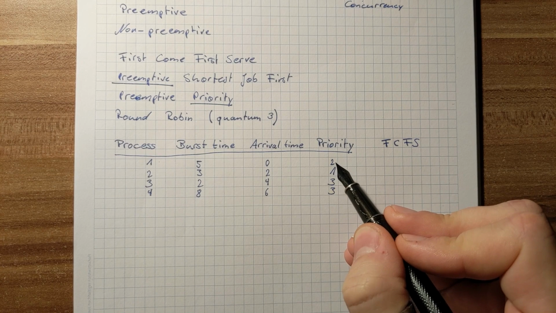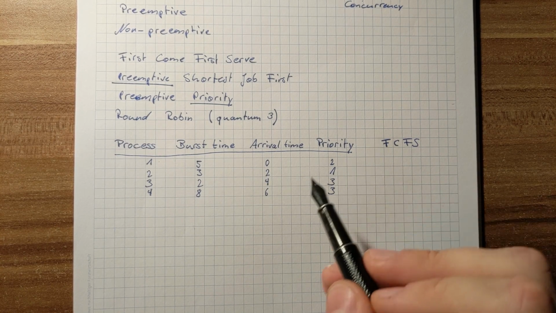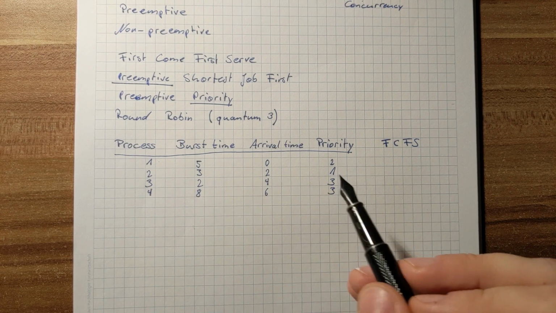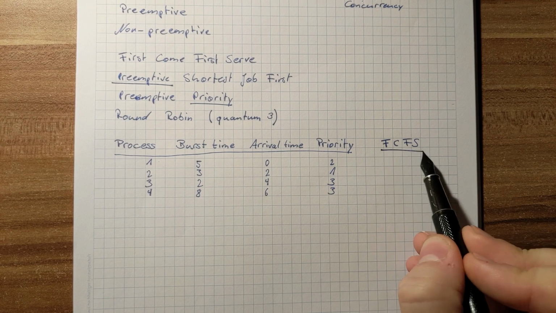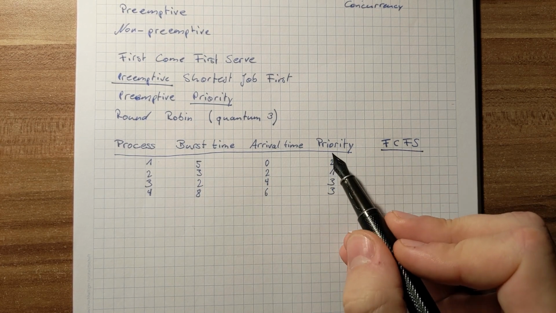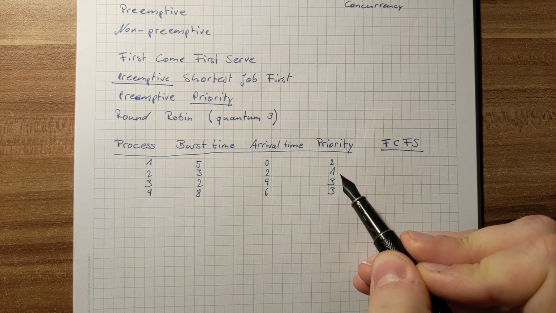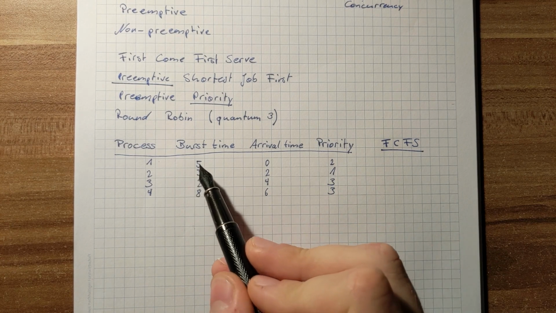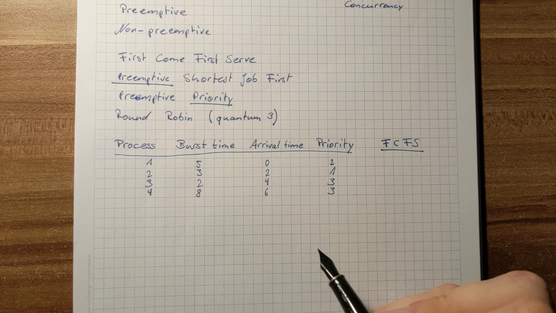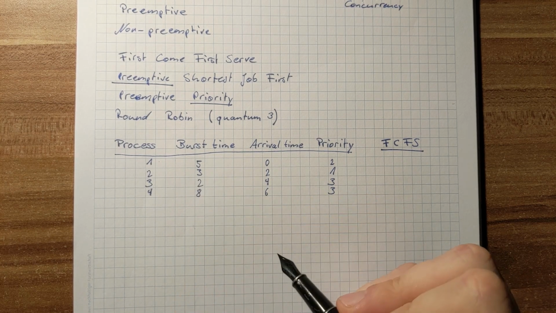And then we have the priority, which just means how important the task is. Now, we can already see that not everything in this table is important for first come, first serve. At least not firsthand, but we get into that later. Because the priority, for example, plays no role. The burst time only plays a role in terms of how much time we schedule, but not for which process starts first. But still we need that one.